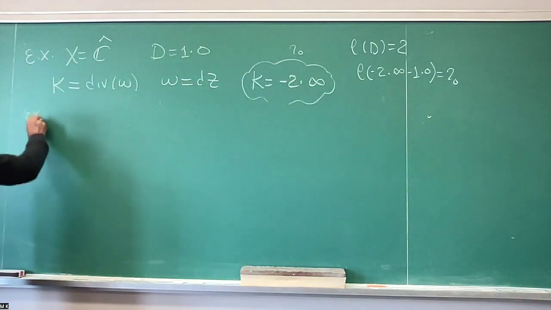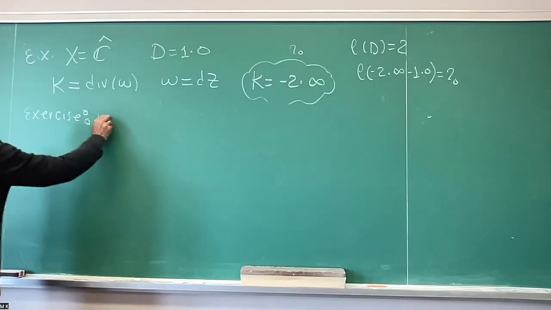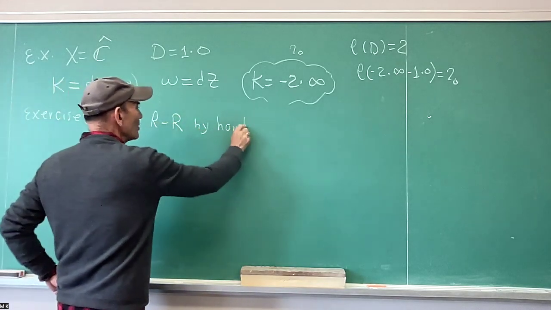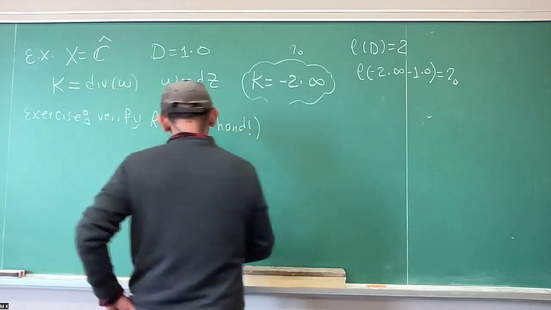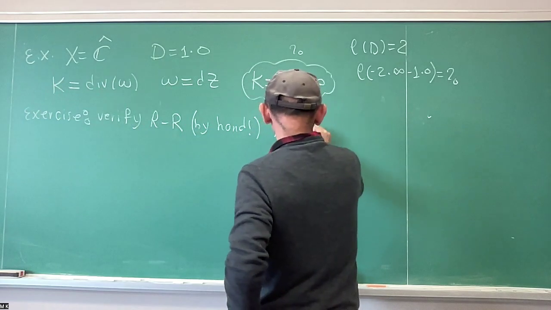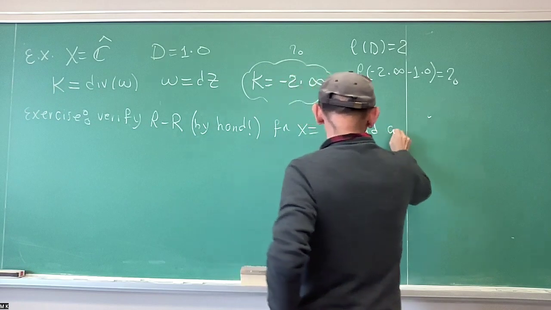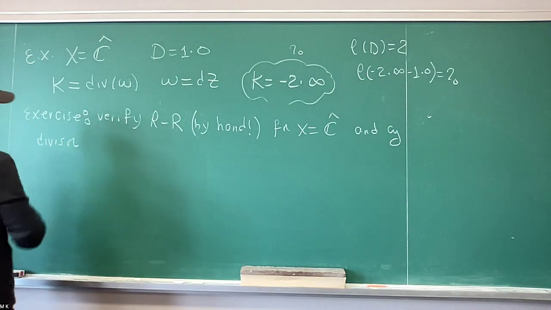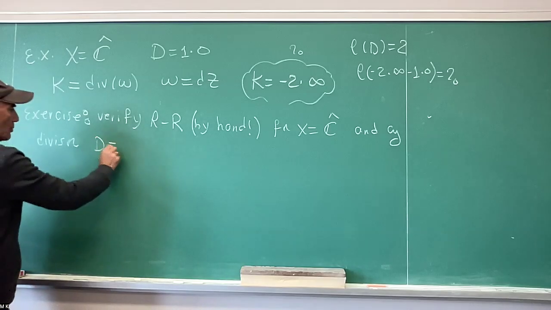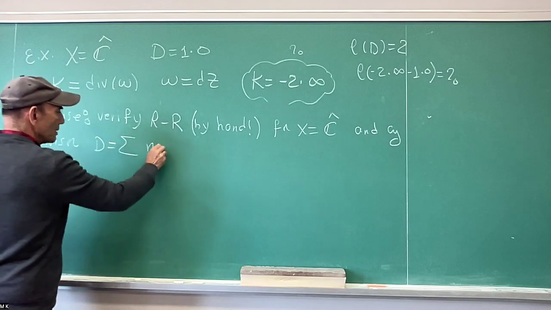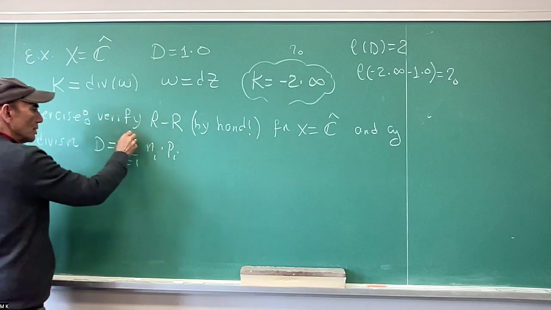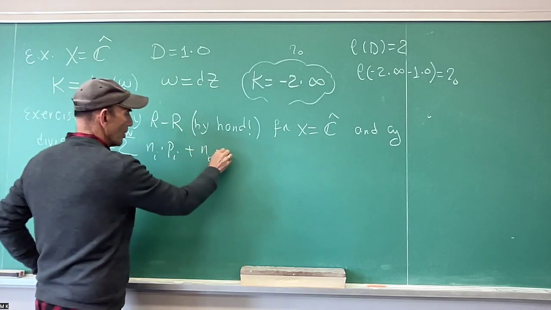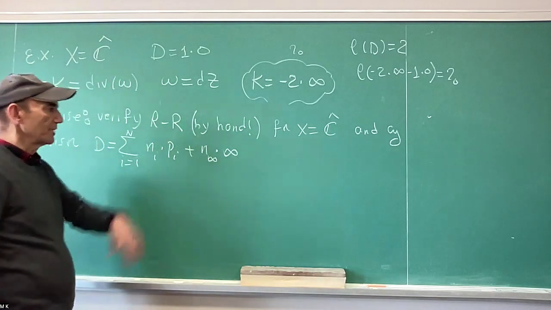So the exercise is going to be the following thing. Verify Riemann-Roch by hand, whatever it means, now for X equal to C hat and any divisor E, which you can write as the sum of n_i times p_i, i from 1 to n, plus some number at infinity times infinity, because we have to allow something at infinity as well.